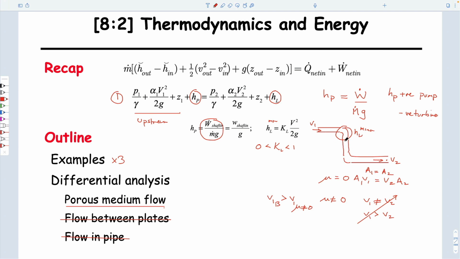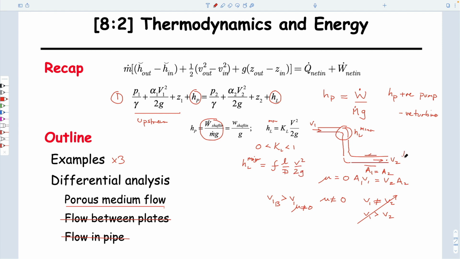So changes in velocity are changes in momentum, and they're changes in energy loss within the system. And so we need to be able to account for that in looking at energy losses minor. And we'll talk about energy losses major, which are energy losses within the pipes due to the longitudinal flow. And they are something like a friction factor, a length to diameter ratio, and v squared over 2g.